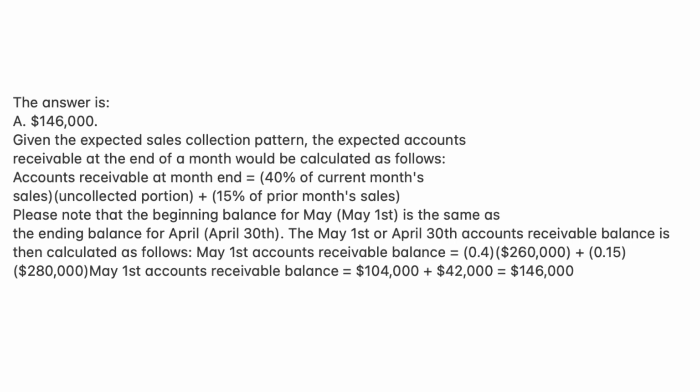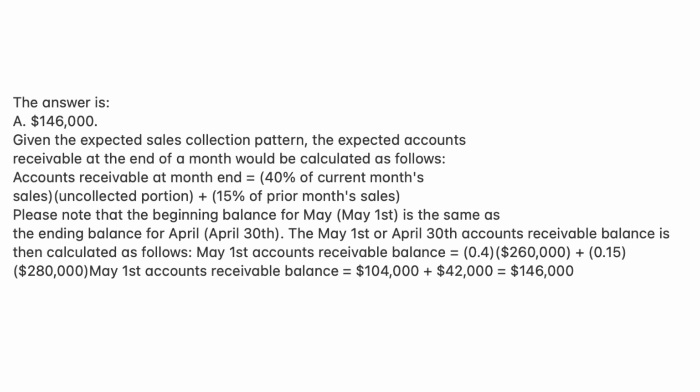$146,000. Given the expected sales collection pattern, the expected accounts receivable at the end of a month would be calculated as follows. Accounts receivable at month end equals 40% of current month's sales, the uncollected portion, plus 15% of prior month's sales. Please note that the beginning balance for May 1st is the same as the ending balance for April 30th.